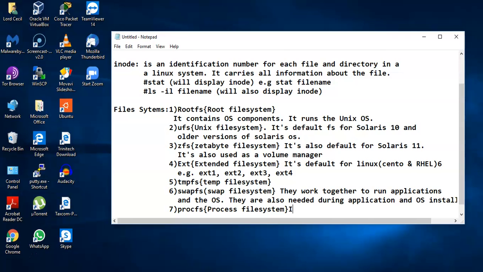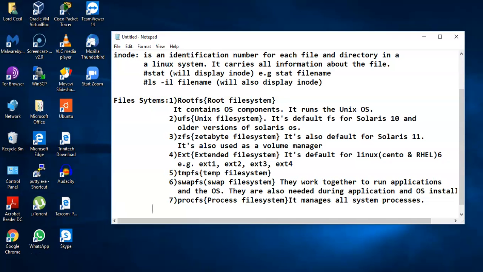That's what procfs does. The next one is NFS, network file system. Actually, there are a few that we work with all the time, like ext, swap, and sometimes NFS, which means network file system.